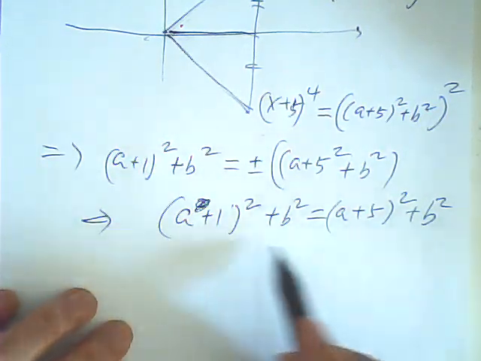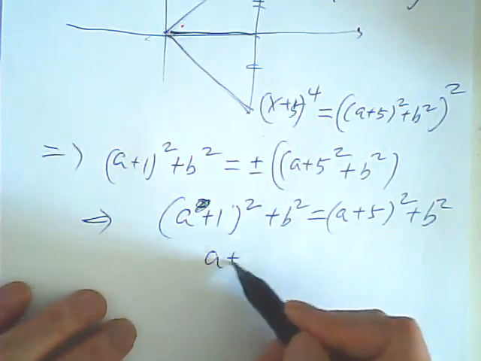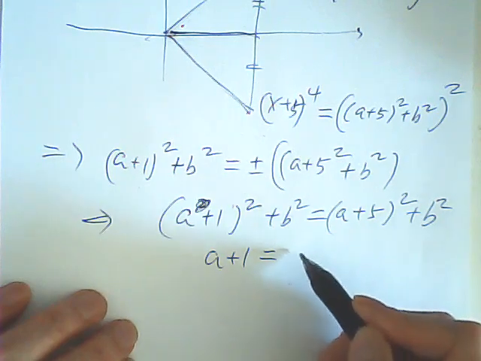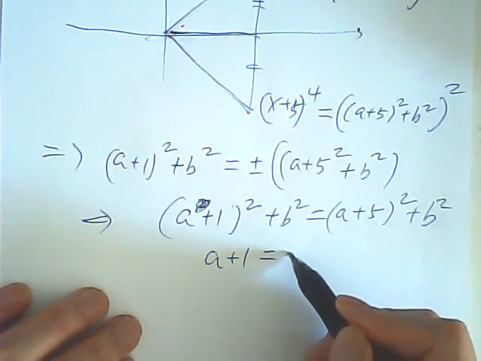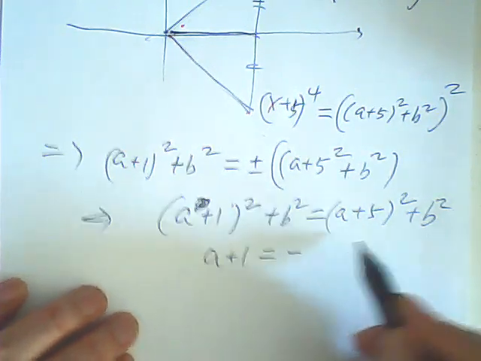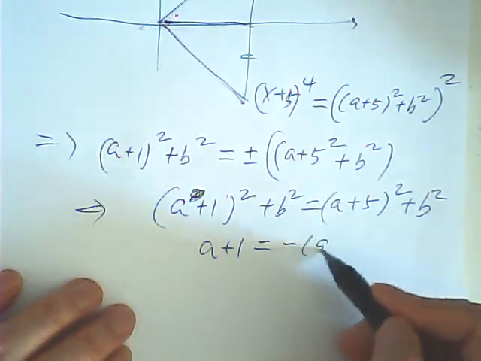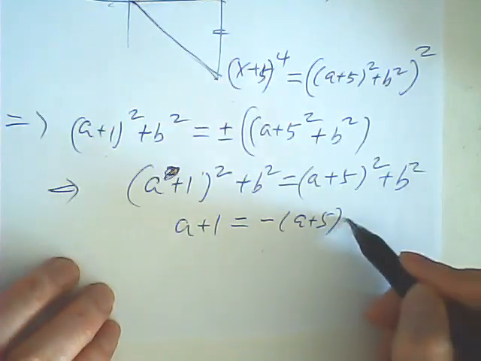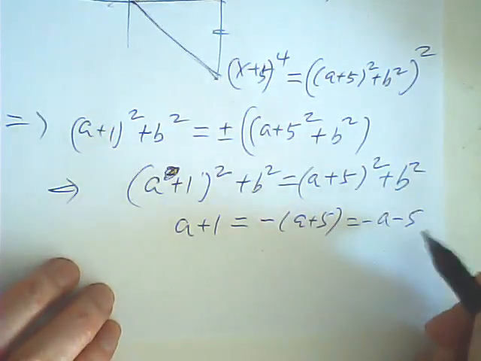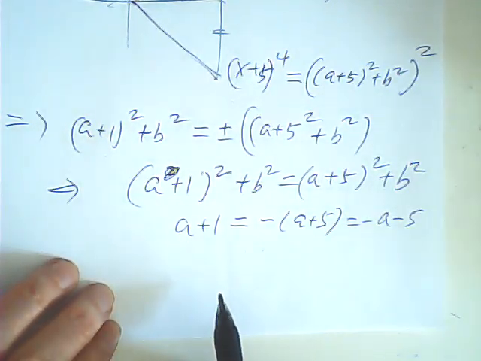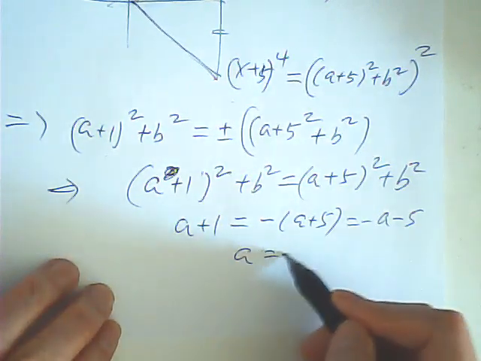And which means that a plus 1 is equal to minus, because plus is not possible. It's minus a minus 5. So a is equal to minus 3.